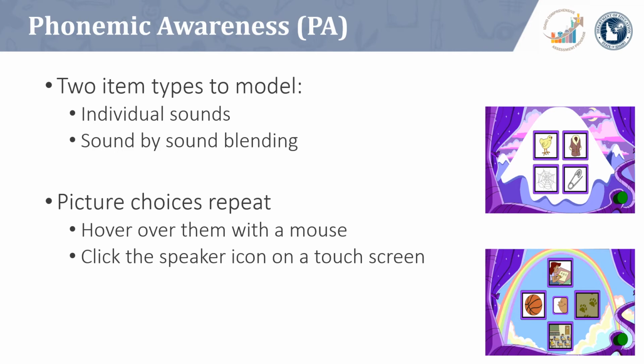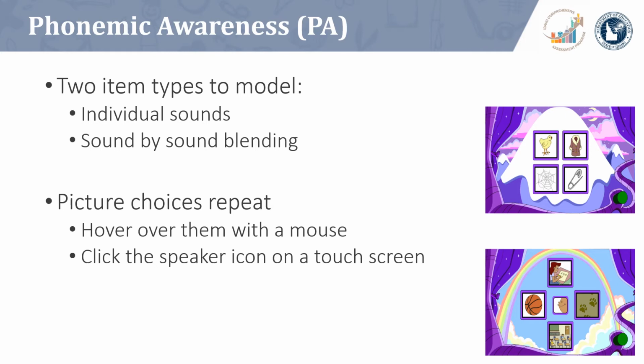Note that on a touchscreen device, students will click the speaker icon next to the picture to hear it repeated. Students will benefit from practice in the modeling app with this subtest to understand how to hear a picture repeated within the 8-second time for each question.